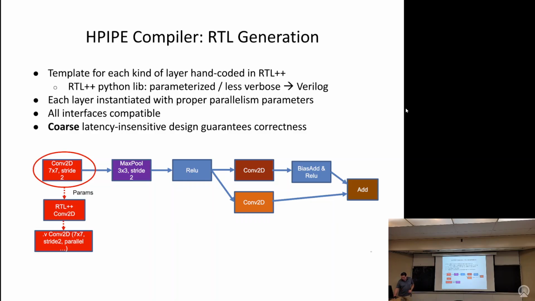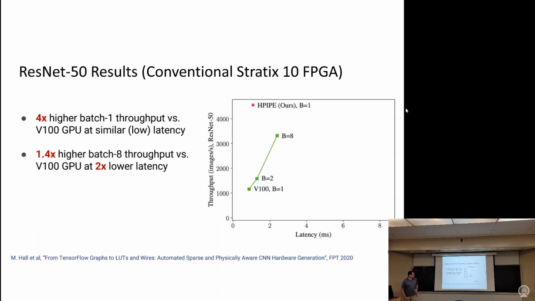Okay, so, how well does it work? This is running on an FPGA that's the same process technology as the NVIDIA V100. And this is showing the latency we get and the throughput, right? How many inputs we can send per second. So HPipe is up here. Its latency is about a millisecond, and it can do over 4,000 inputs per second.